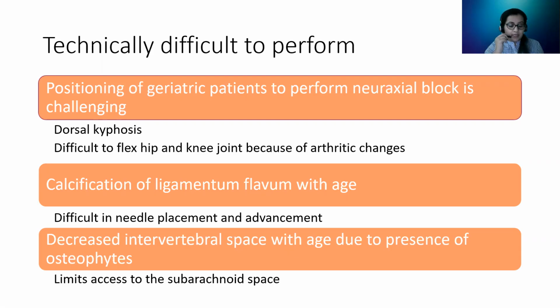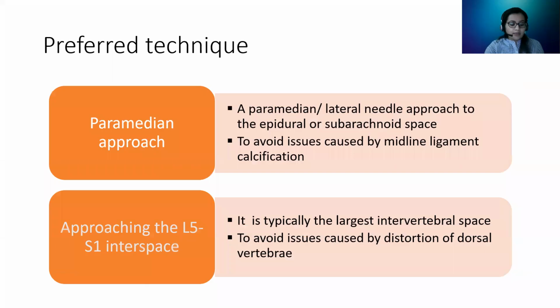Moreover, spinal and epidural needle placement is difficult because of calcification of the ligamentum flavum and also because of decreased intervertebral space with age due to the presence of osteophytes. Hence, a paramedian or lateral needle approach to the epidural or subarachnoid space is recommended to avoid issues caused by midline ligament calcification.